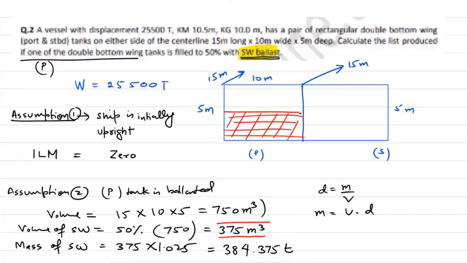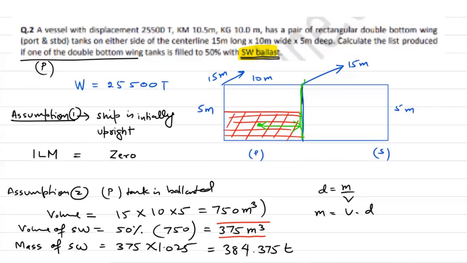Now, this is the center line, by the way. Its distance from the center of gravity of this weight will be somewhere here. So what is this distance?